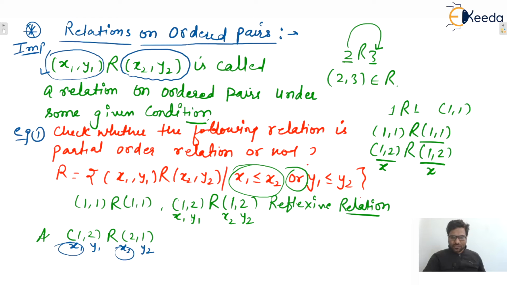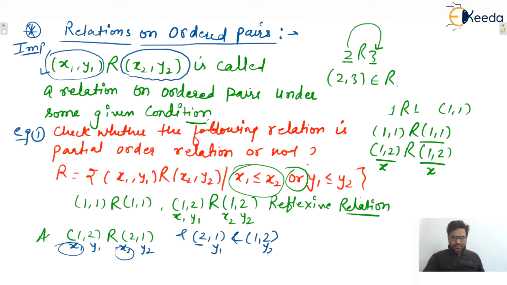There is an or operation in between, so that is related. Now you only tell me, if this is present inside the relation, will 2 comma 1 and 1 comma 2 also be present inside the relation? Here x1 is not less than or equal to x2, but y1 is less than or equal to y2.